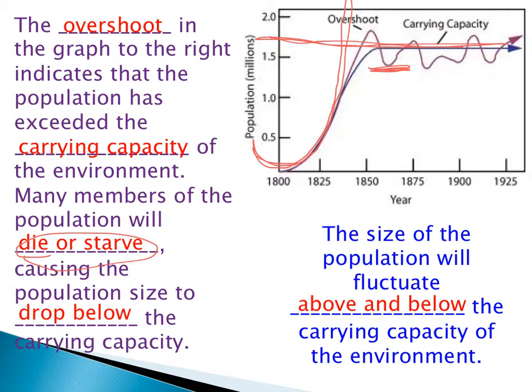And so in reality, what happens is the number of individuals of that species grow to a certain point, hit the carrying capacity, and then they tend to fluctuate above and below that line as the population faces limitations on the resources that they need to survive.